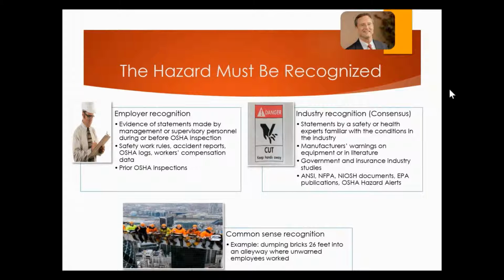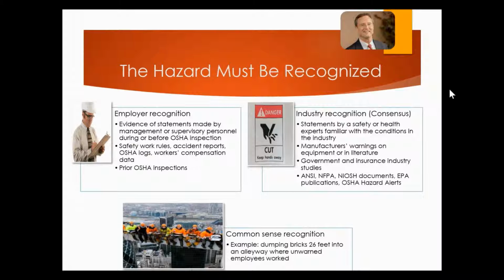If you didn't think how you handled an OSHA inspection was important before today's seminar, you better know it now. What you tell OSHA personnel when they come out and take a look at your plant, what you tell them over the phone, can and probably will be used in their analysis under a general duty clause violation.